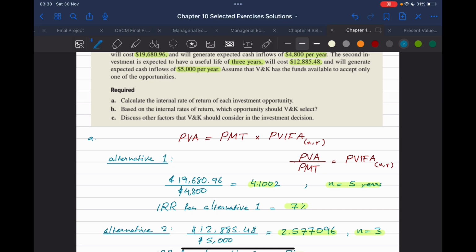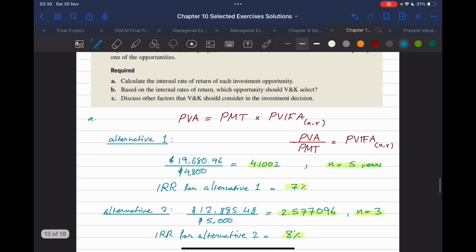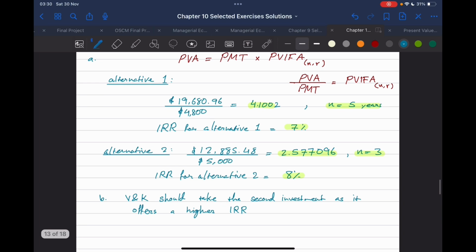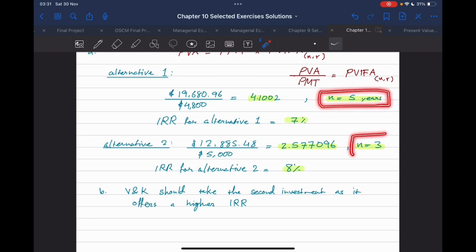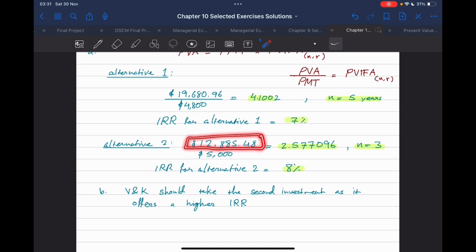Now let's see what C wants. C says discuss other factors that V&K should consider in the investment decision. Of course, here we have other factors that play a role, including the fact that those two investments have varying durations. Okay? And also that those investments have varying initial costs.